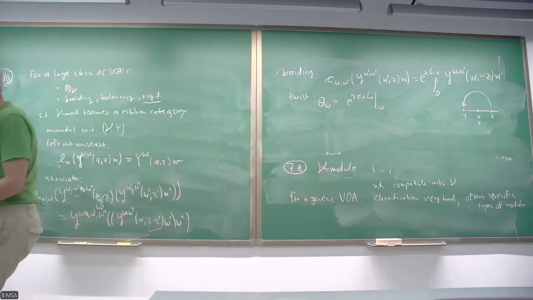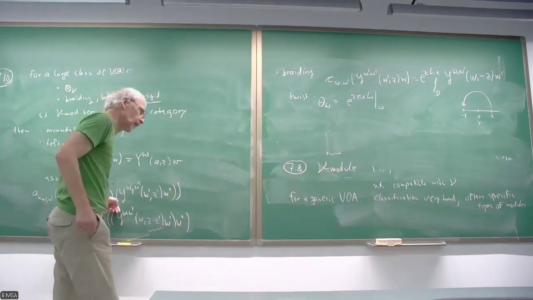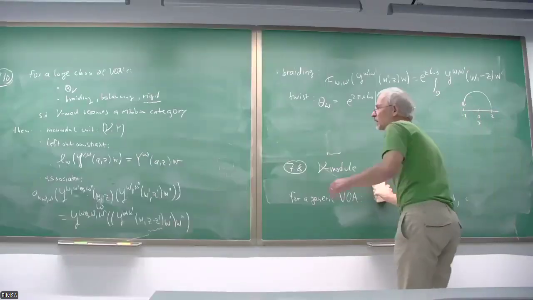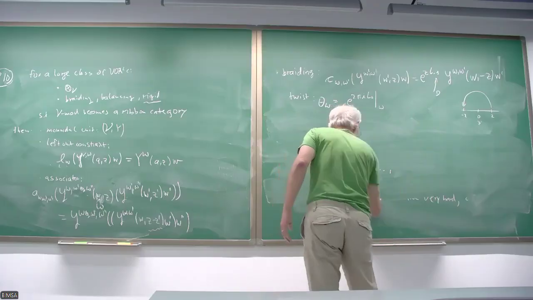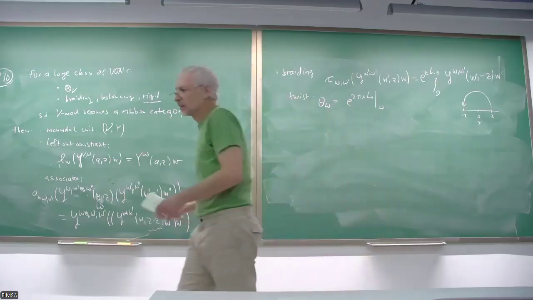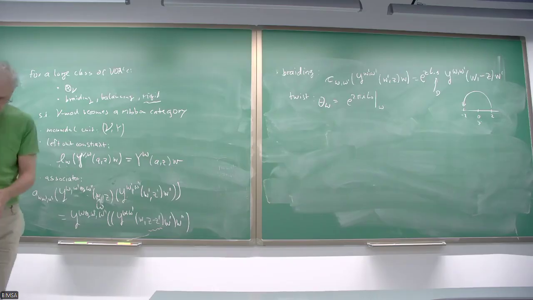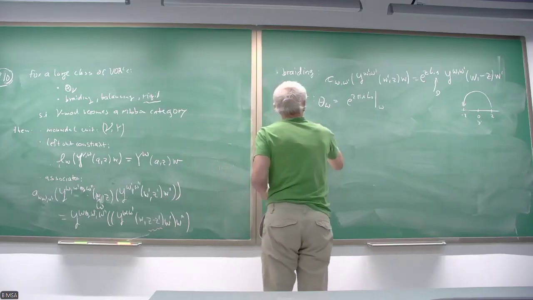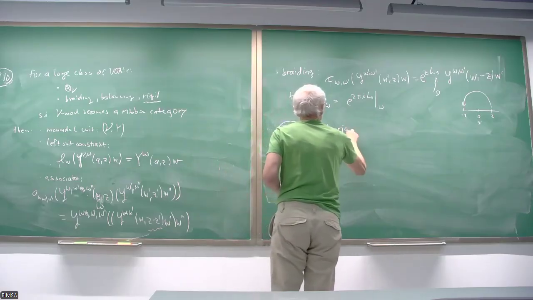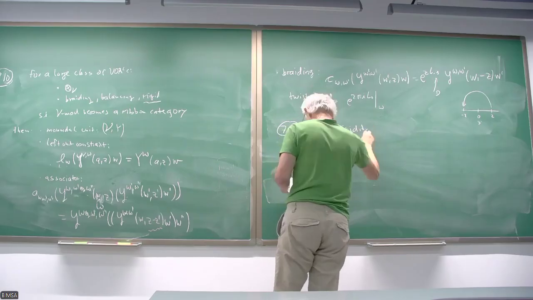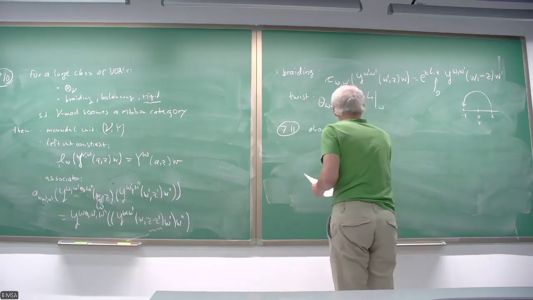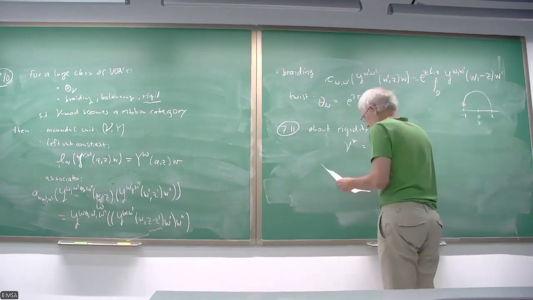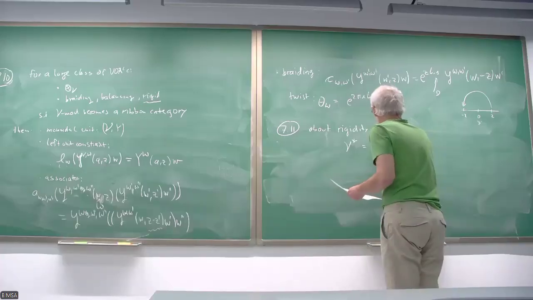Now I said the most tricky part, apart from the existence of the structure, but if you have it among the braided structure aspects, rigidity is the most tricky part. And I just want to mention one thing. If I consider V star, which is the grade-wise dual.